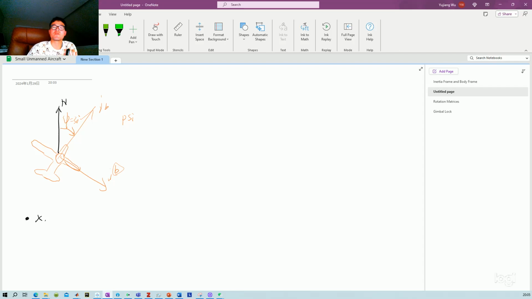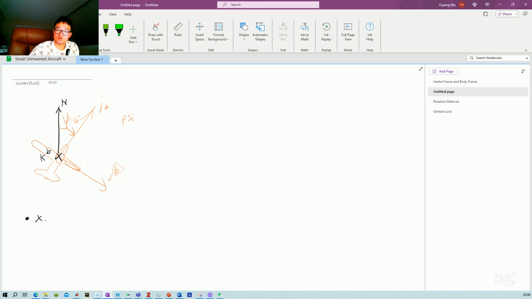Essentially, as a review, we use right-hand coordinates, where your index finger is pointing towards the x, your middle finger is pointing towards the y, and your z-axis is, in this case, going into the page. So your z or k, kB, is going into the page.